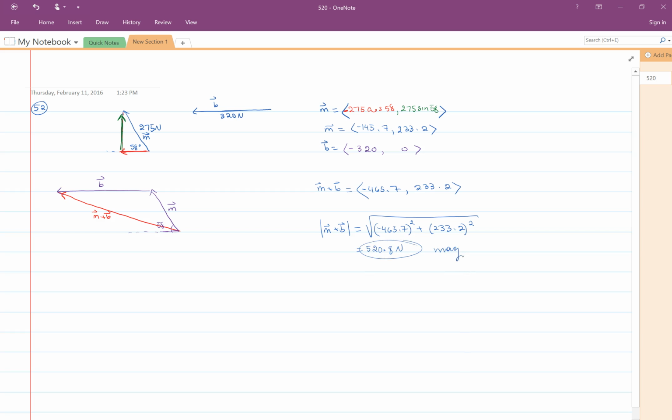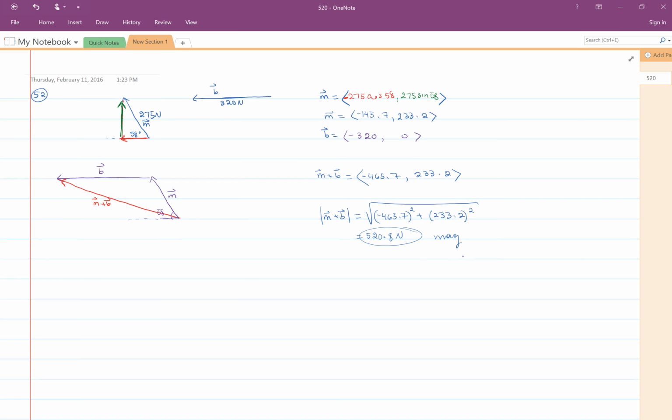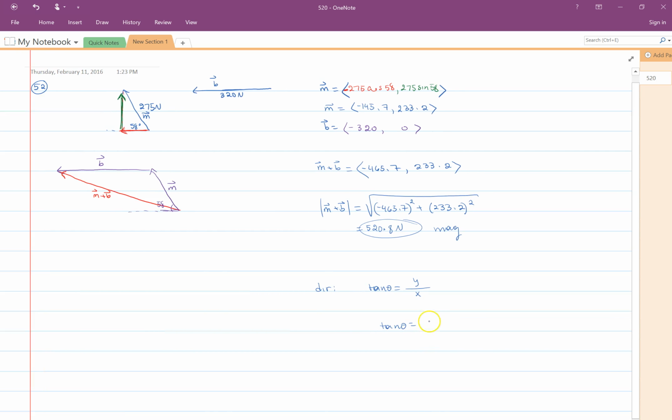Now what do we do for the direction? How do we find direction? You take inverse tangent. Right. Tangent of theta is y over x. So tangent of theta is 233.2 over negative 465.7.